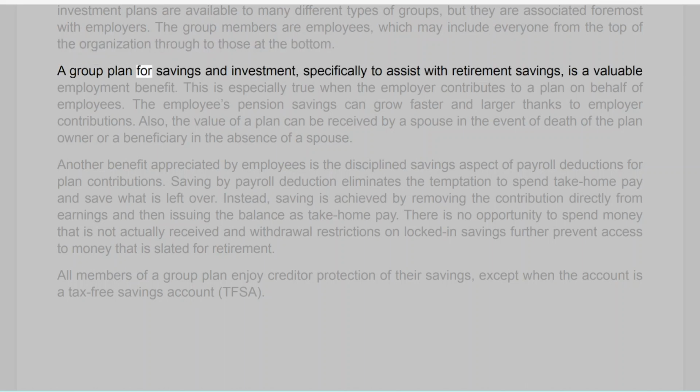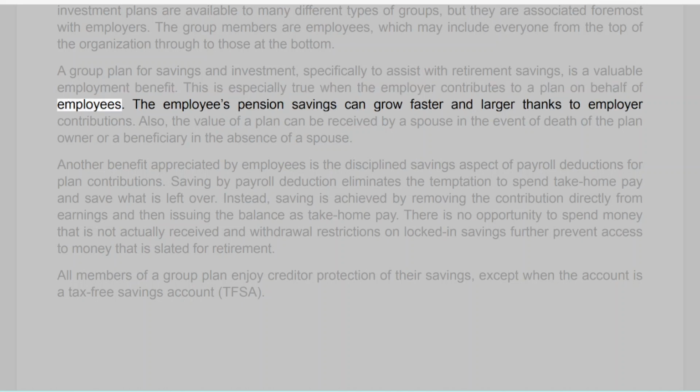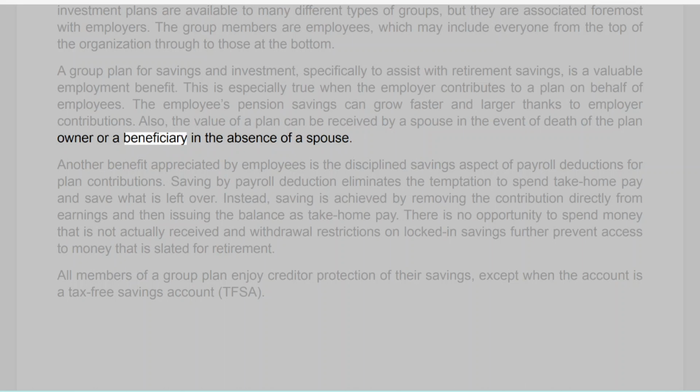A group plan for savings and investment, specifically to assist with retirement savings, is a valuable employment benefit. This is especially true when the employer contributes to a plan on behalf of employees. The employee's pension savings can grow faster and larger thanks to employer contributions. Also, the value of a plan can be received by a spouse in the event of death of the plan owner, or a beneficiary in the absence of a spouse.